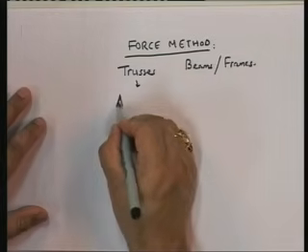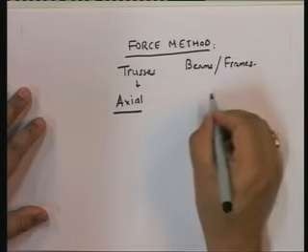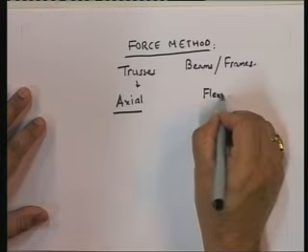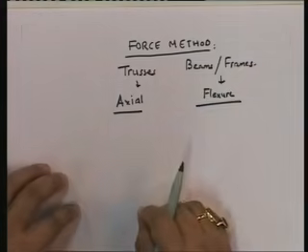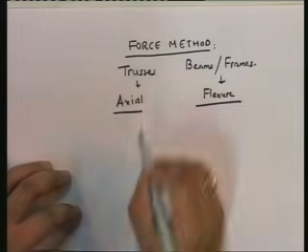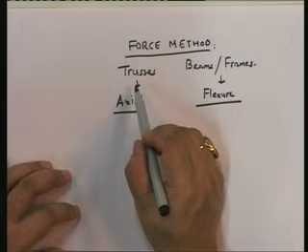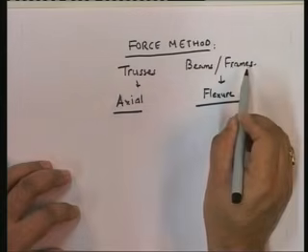Trusses: axial, main load transfer. Beams and frames: flexure, main load transfer. This is the essential difference between the two. So, we have looked at how to consider the force method for trusses as well as beams and frames.